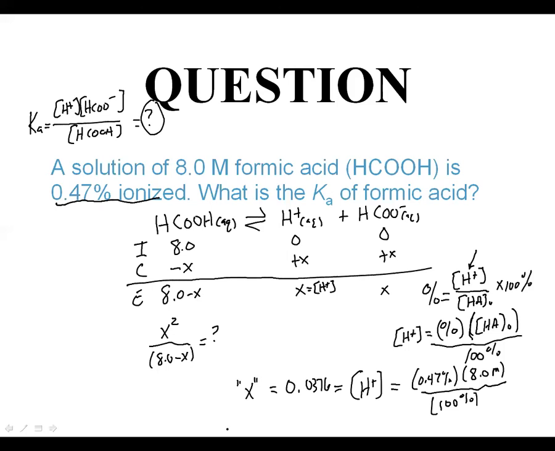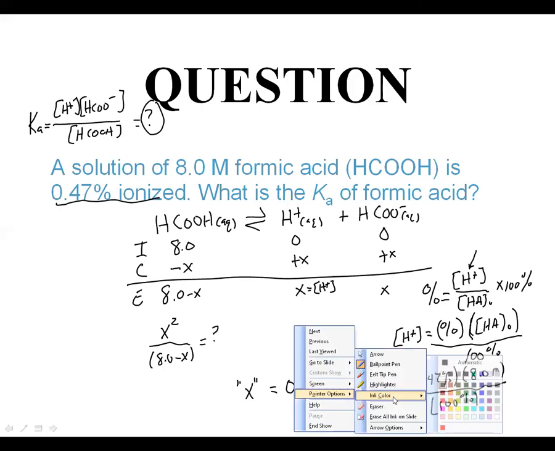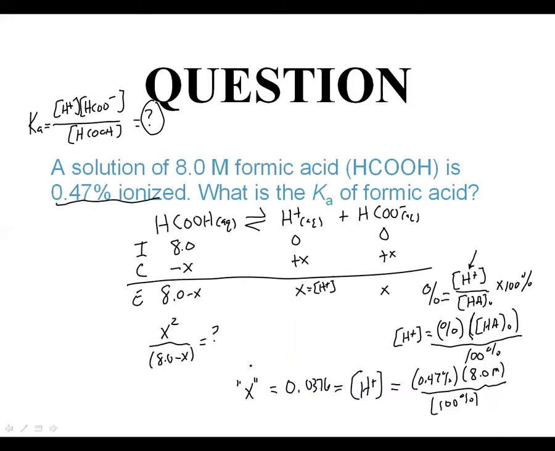And because that equals x, and when we look at our ice table, all the x's in our ice table are exactly the same. So this x here is exactly the same as this x and exactly the same as this x, which then means we already know all the answers here. So we can put the number in. That will give us 0.0376 squared divided by 8 minus 0.0376, oops, I keep missing those zeros today.